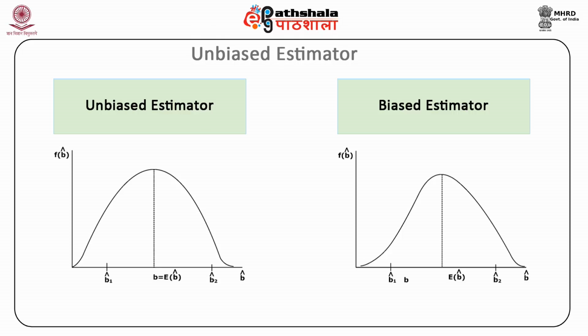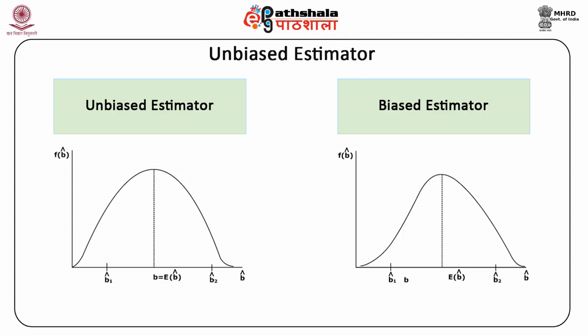The first estimate is relatively close to B, while the second one is much farther away. In any case, unbiasedness is a desirable property because it ensures that on an average the estimator is centered on the parameter value.